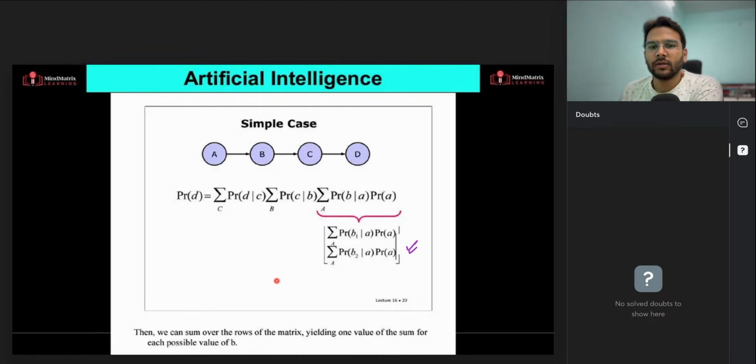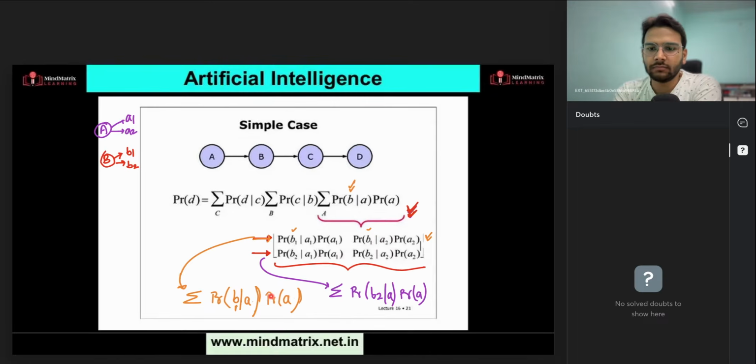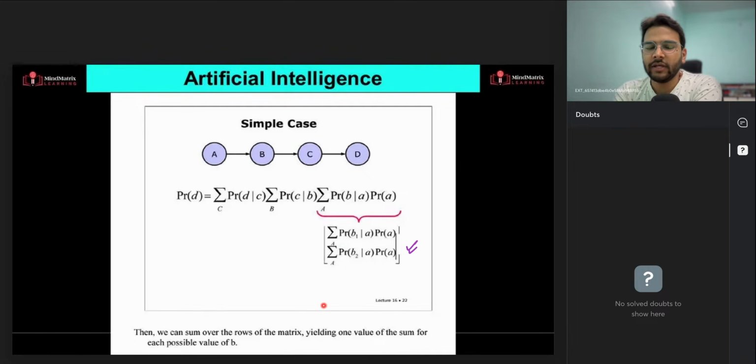Given the value of A, because A we are fixing, right? For a given value of A, either the value of B is B1 or the value of B is B2. So for that purpose, we can write this in a more compact way like this. Clear? Okay, fine.